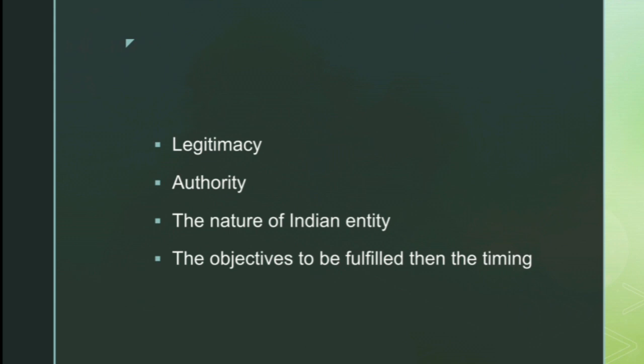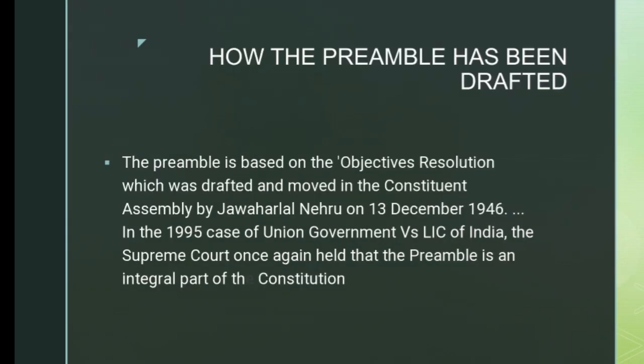Then how the preamble has been drafted, how the preamble has been made. People may simply say, when you prepare for your UPSC exam, it is nothing but the objective resolution clause. No, the answer is not that. Of course, more than 70% is from the objective resolution clause. You know the origin of the objective resolution clause. It is not merely moved in the Constituent Assembly itself.